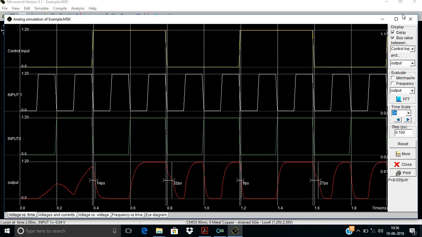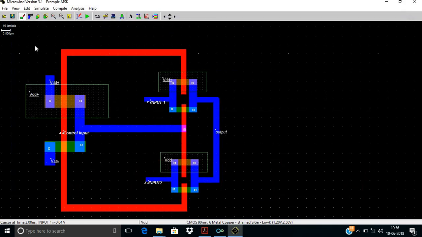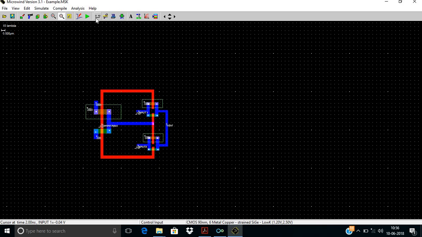Finally, you can also verify the layout by using the measuring distance. Again you can see what is the area required by using the scale. Length is 11.400 micrometer and width is 10.25. This is the area.